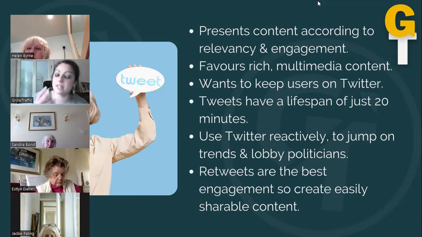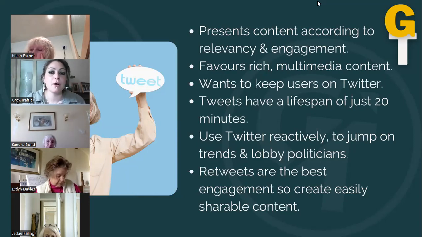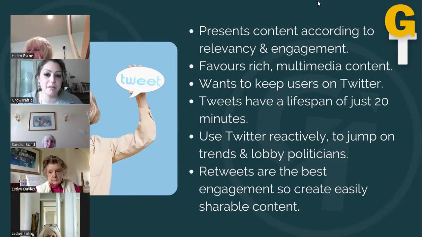And because they have a short lifespan, you need to be quite regular on Twitter. Twitter is one of the few platforms where the algorithm focuses on how much you use it. So if you only go on Twitter once a week to do one tweet, that tweet will hardly be seen by anybody.